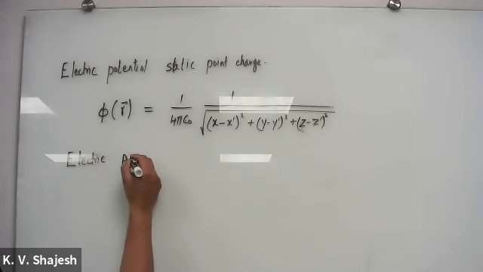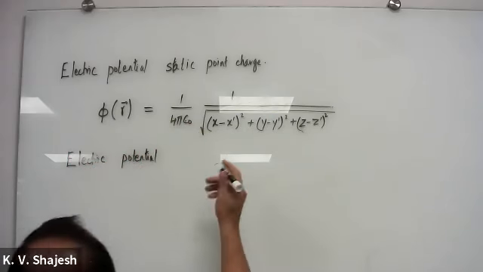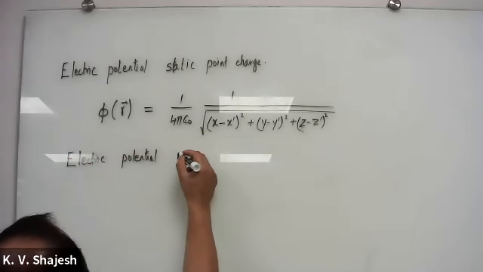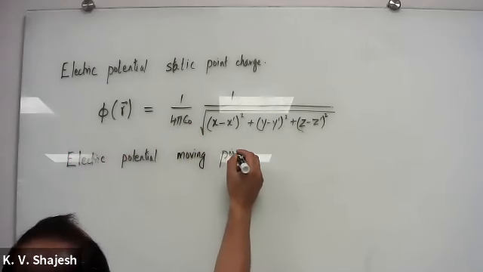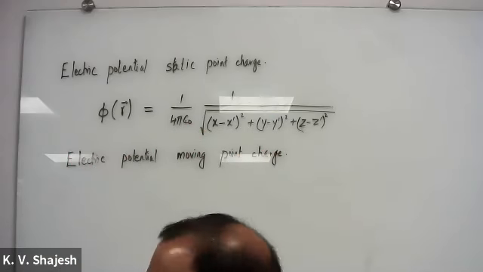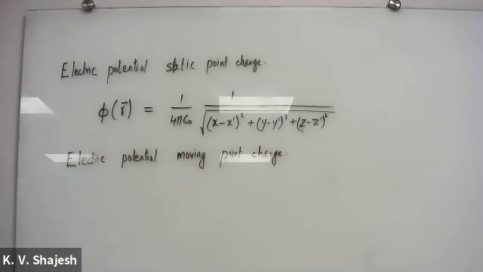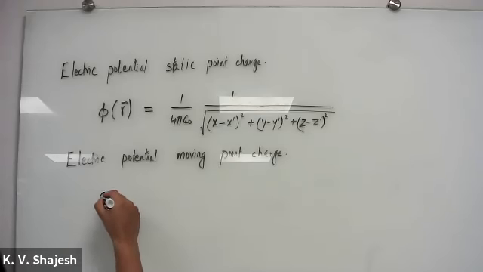We want to talk about our last class. We derived that the electric potential due to a moving, or dynamic, point charge, it's no more static, is given by phi of r, t now.